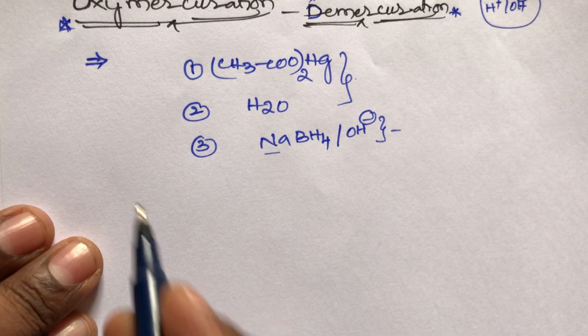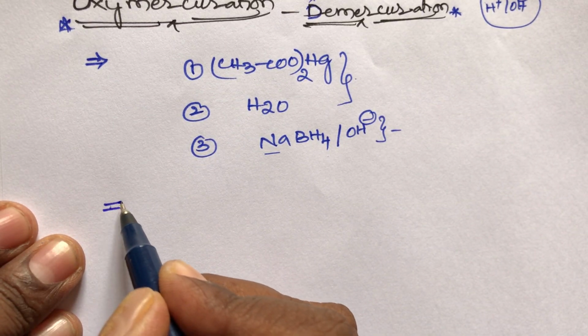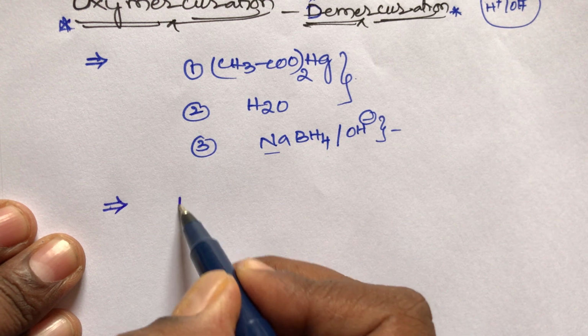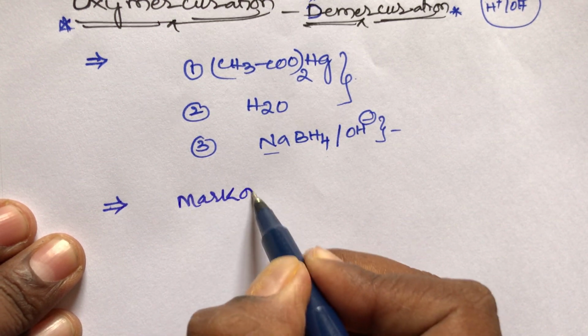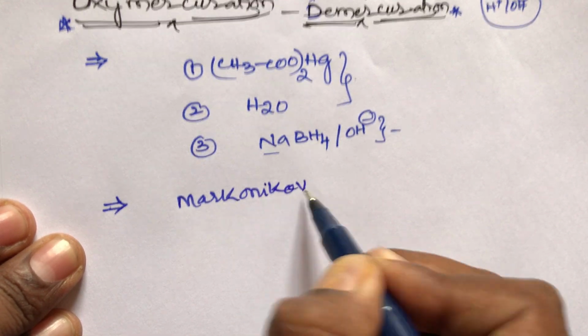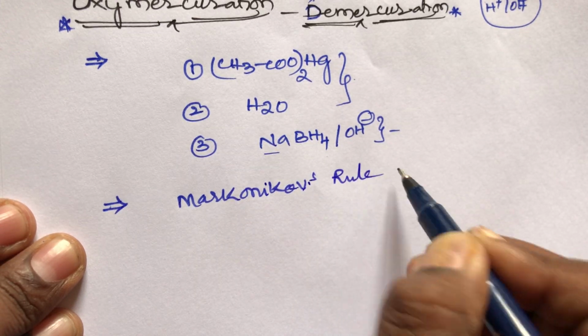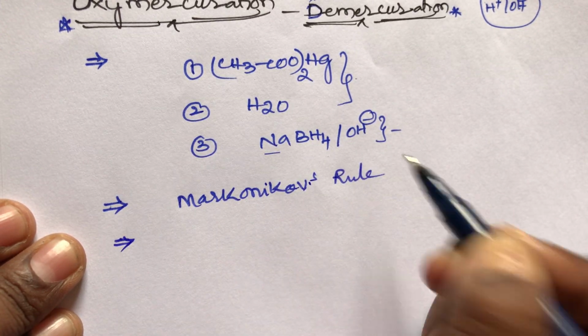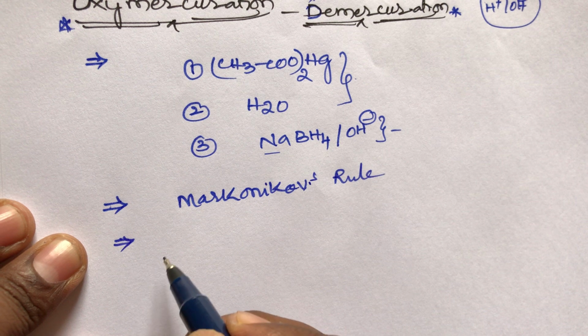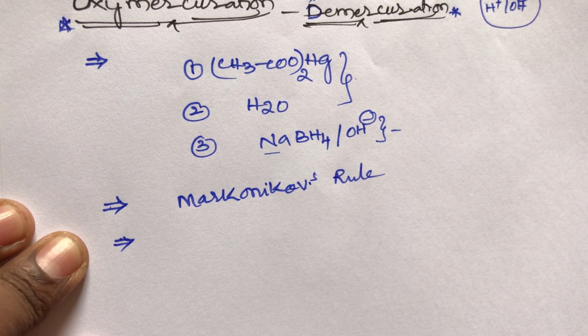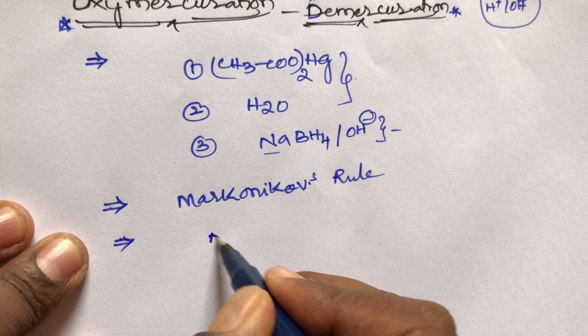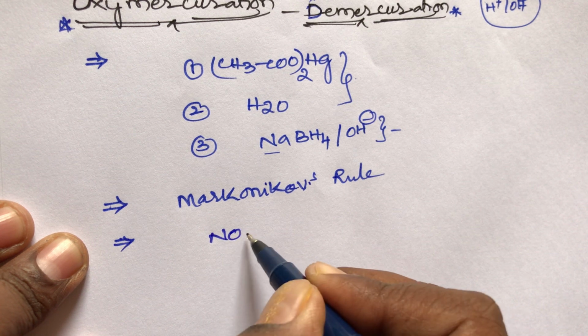Oxymercuration and demercuration follows the Markovnikov rule, that means Markovnikov addition of water. But in this reaction there is no formation of carbocation.